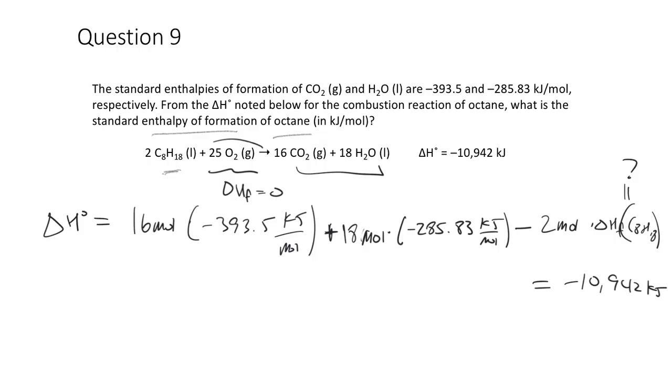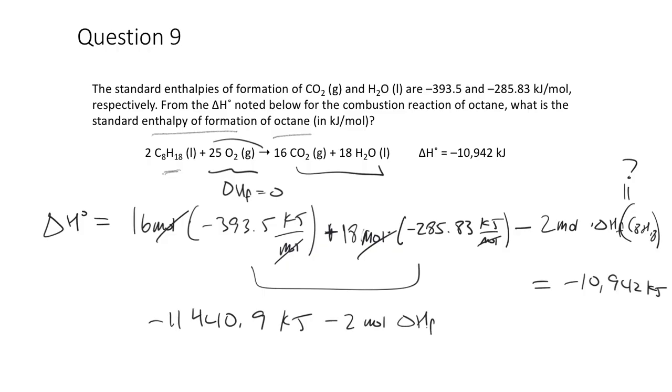I get negative 11,440.9 kJs. Their moles have canceled. And then minus 2 moles times our delta HF of octane is equal to negative 10,940 kJs.